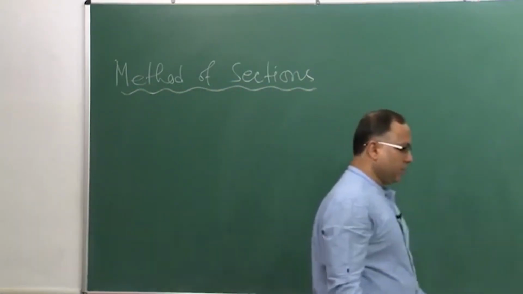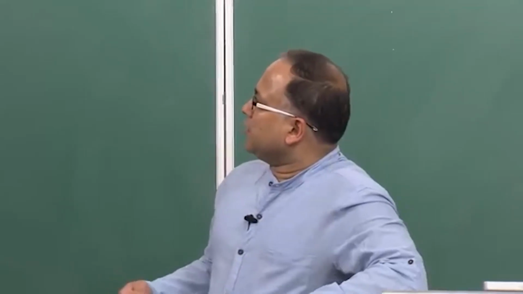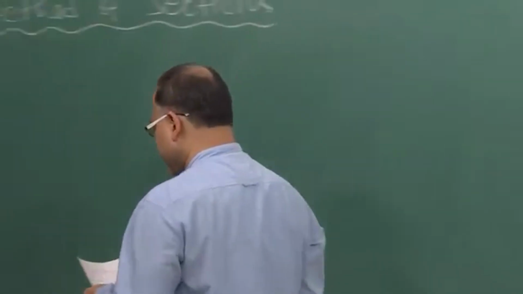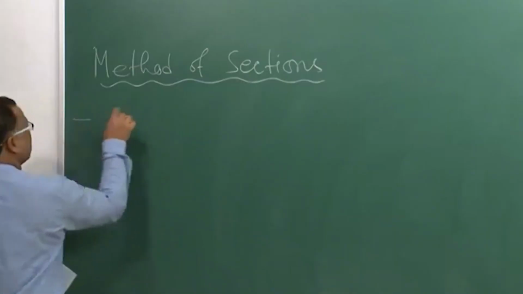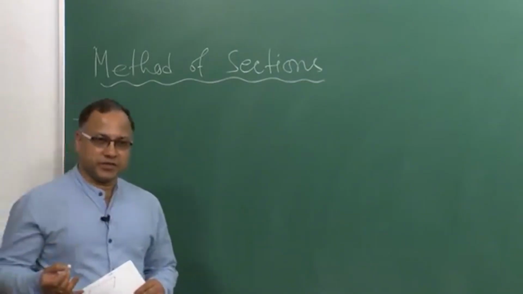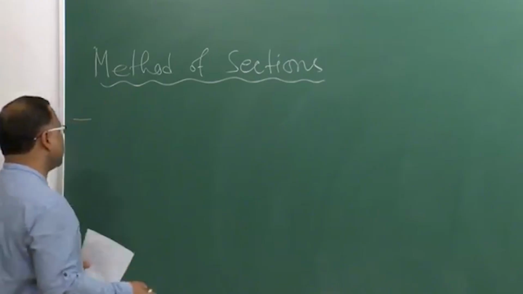So, first we should know what are the different important aspects of this method. The first one is the section; from the name itself it is very clear that we are going to choose some sections. Now, there are some properties of these sections.